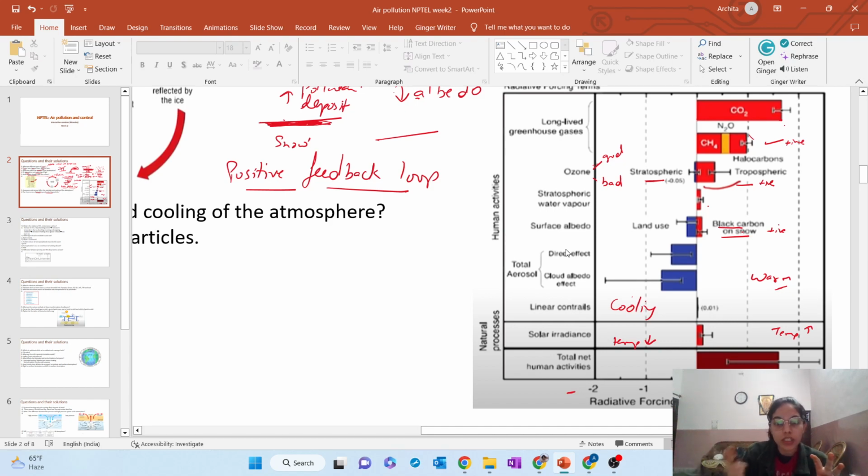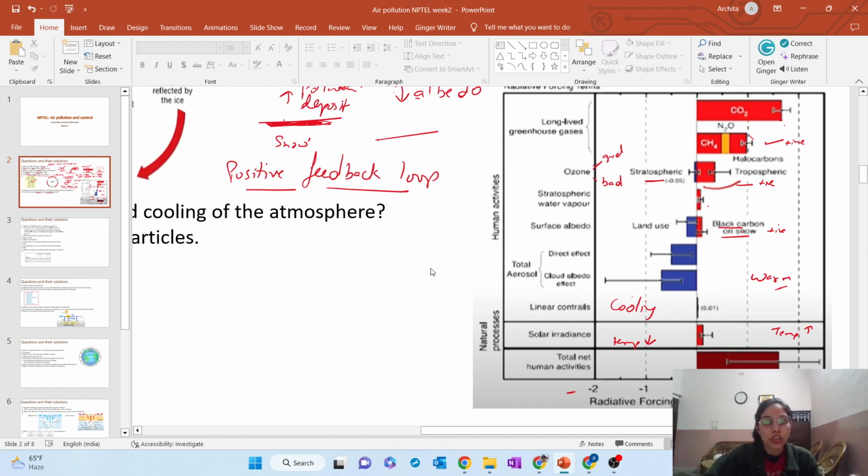Right? Now, second is the cloud albedo effect. When the particle does not directly affect, it's not directly absorbing, this particle leads to different processes. Let's say this particle decreases the cloud albedo, and this decrease in the cloud albedo causes the positive forcing.